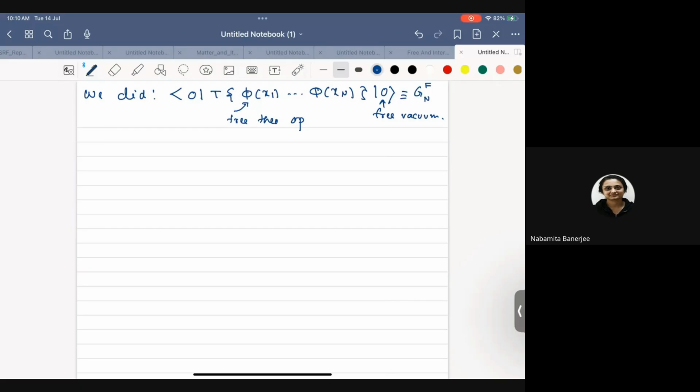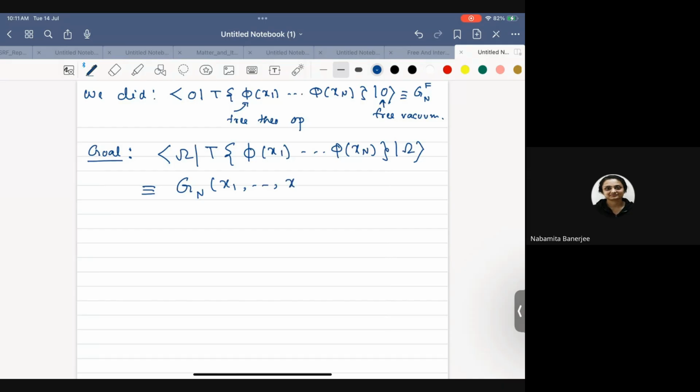Right? Now our goal is going to be to find the same quantity, but in our new theory, which is the interacting theory: phi x1 to phi xn. Let me call it G, now proper G, x1 to xn.